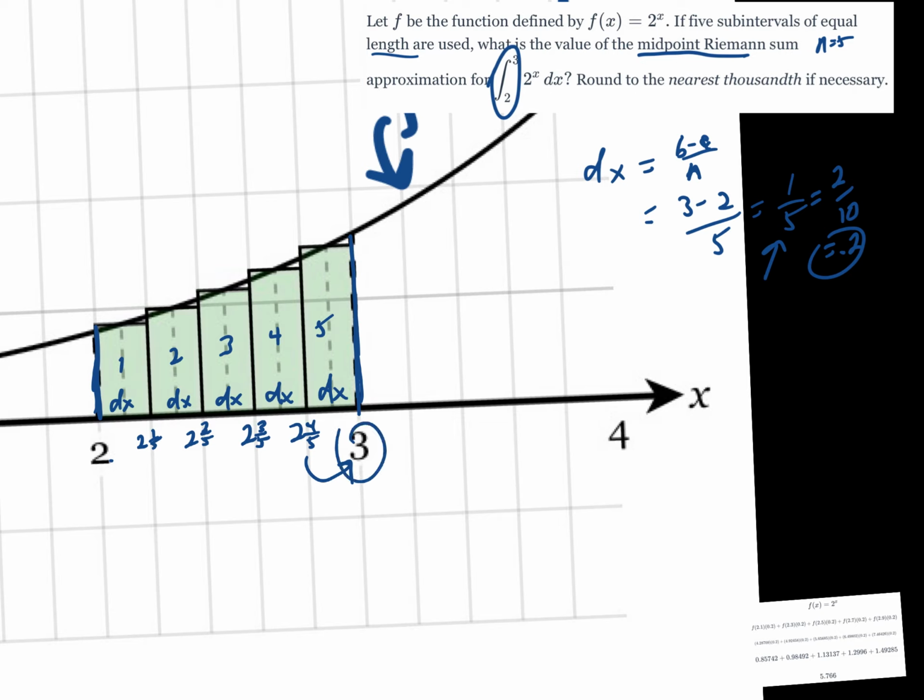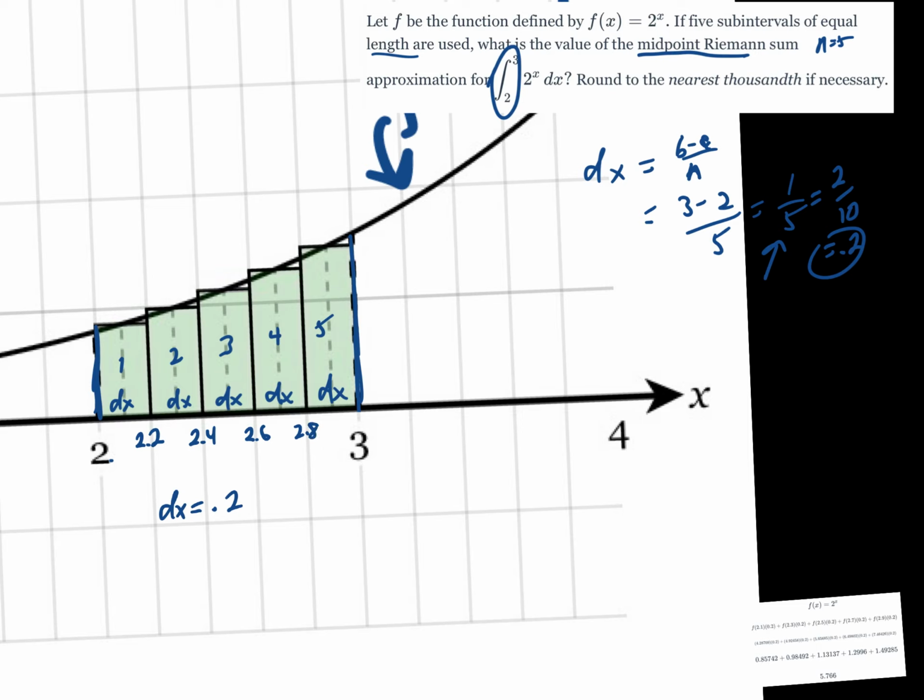That's right, 3. It's not that hard breaking it up into fifths. But let's use the decimals because that's what you're probably going to use anyway. We said change in x is 0.2. So if that's 2, this would be 2.2, this would be 2.4, this is 2.6, and this is 2.8. And yep, that's 3.0.